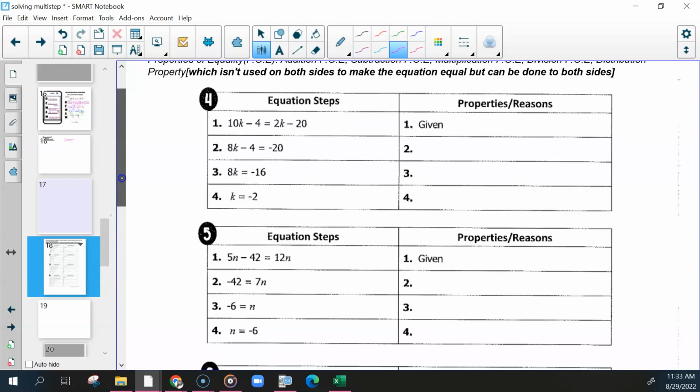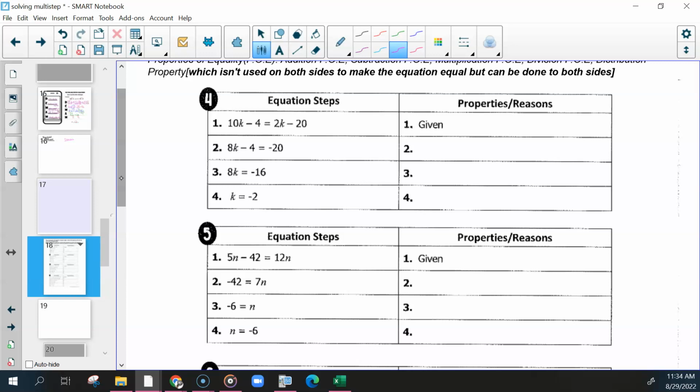distribution property. Okay. So this first one is given, and we're looking at what changed, or what did they do from here to here, from step 1 to step 2. What did they do? 10k minus 4 equals 2k minus 20. And it turned into 8k minus 4 equals negative 20.